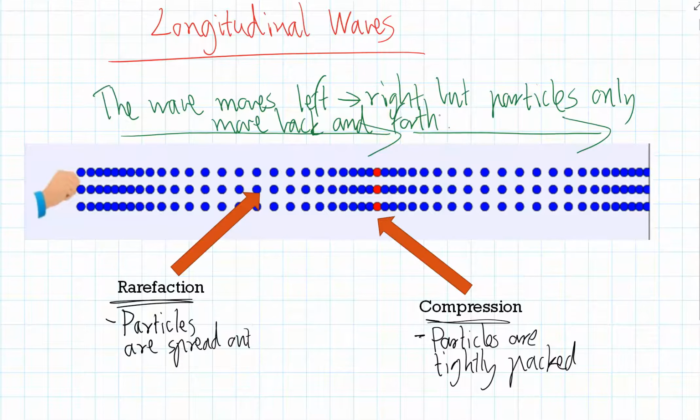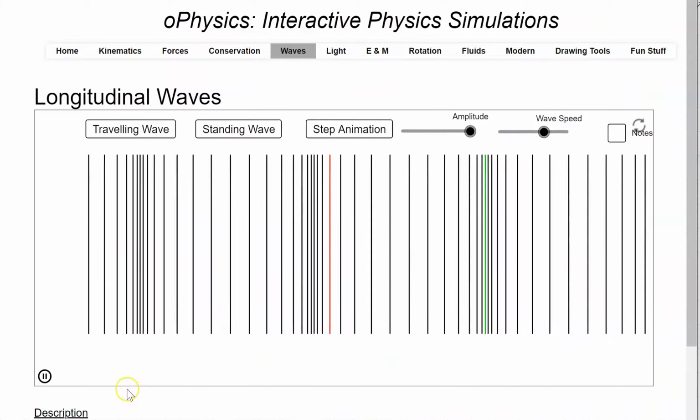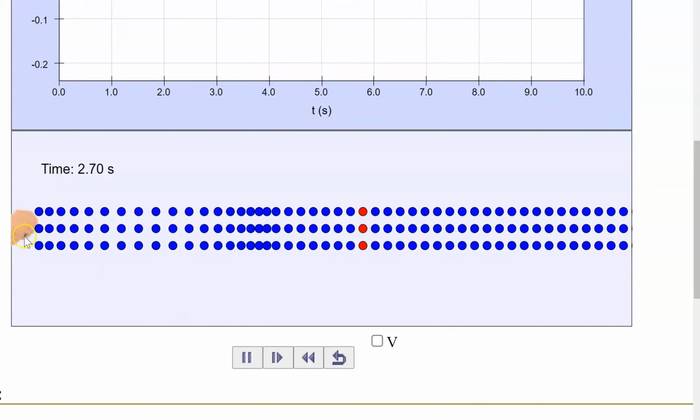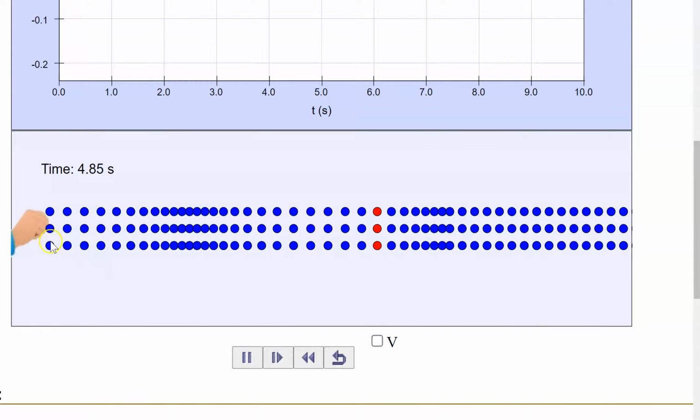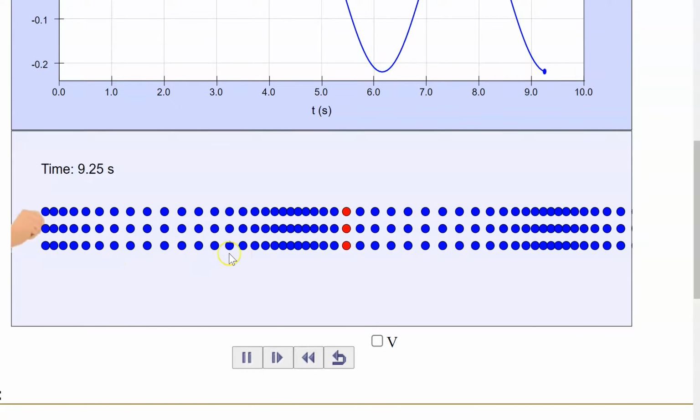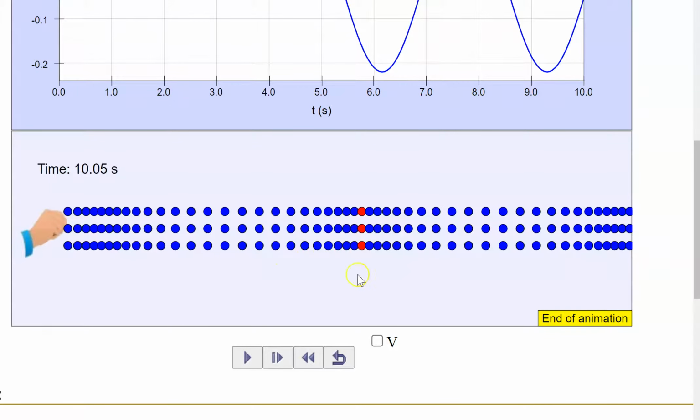Okay, so that's using sticks to view it, but the more realistic version is with particles, because this is what makes up the actual air, or the solid material, whatever the sound's travelling through. So here, we're going to make a sound wave move through this lot of air particles here. So whatever's pushing the air, let's imagine it's a speaker. You can see it pushes on the air particles, they bump into the next ones, and then they bump into the ones beyond them.